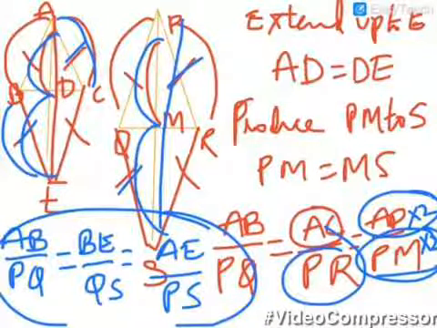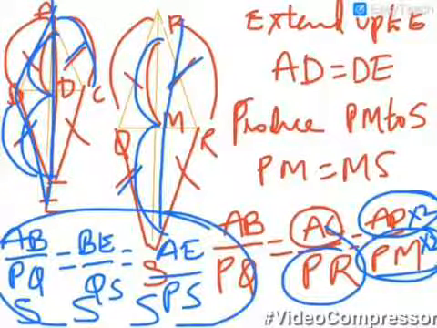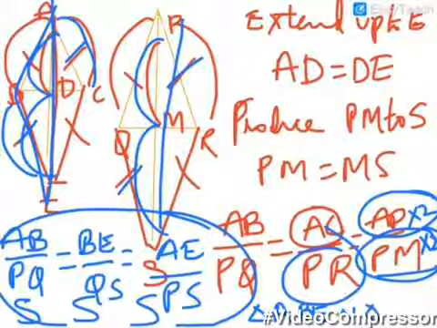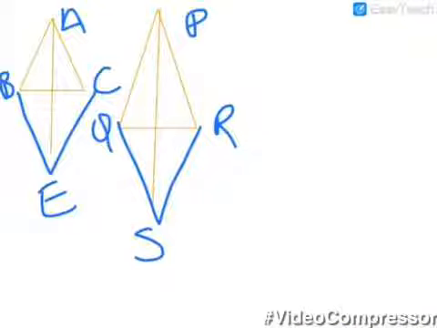So by SSS we can write the triangle on this side, that is triangle ABE is similar to triangle PQS. So let's go to the next page.